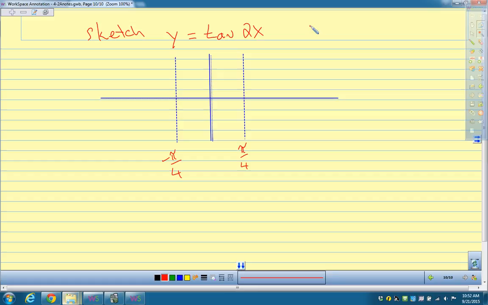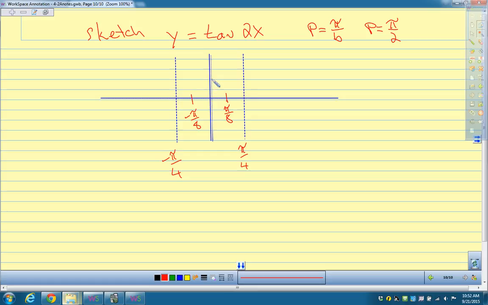If I know that the period is pi divided by b, so don't get confused, for tangent and cotangent it's pi, not 2 pi, and I know that b is 2, that means that the period is pi over 2. So from here to here is pi over 2 radians. Halfway between there would be pi over 8 and negative pi over 8.